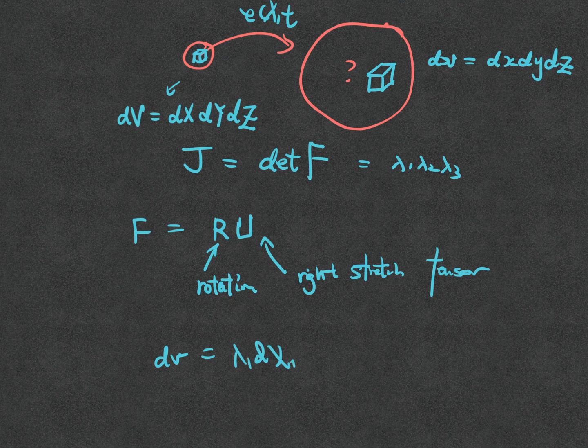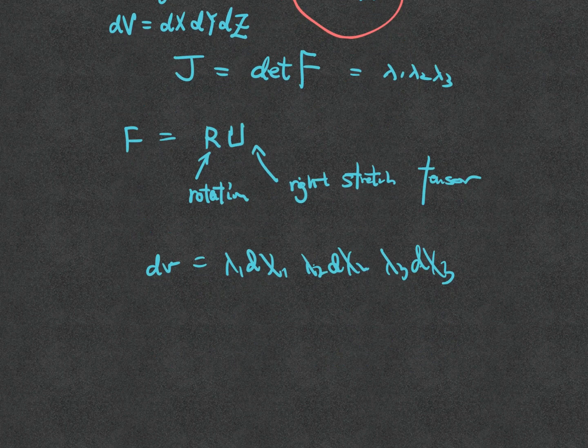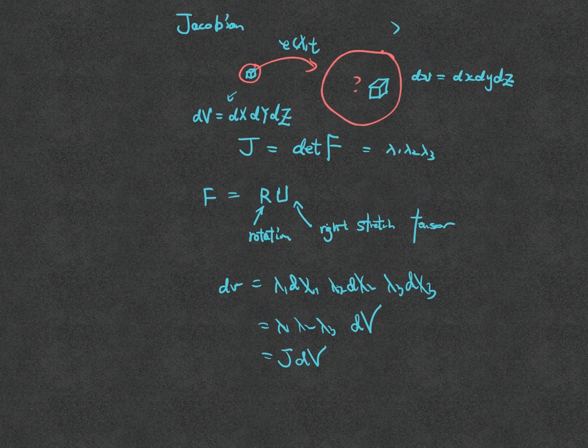Lambda 1 dx1 times lambda 2 dx2 times lambda 3 dx3, which equals lambda 1, lambda 2, lambda 3 times the dV, right? Okay, does that make sense? And this is just the Jacobian of dV. Okay, does that make sense? So this is one way.